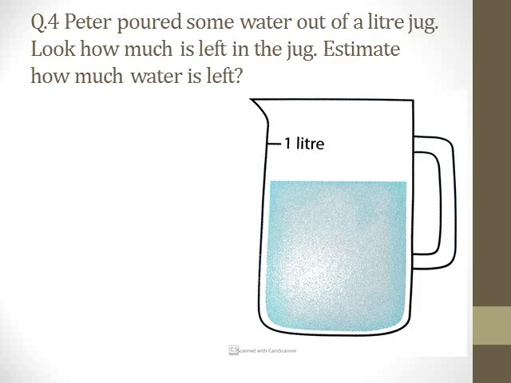So I can estimate that this is the 200 milliliter of water which Peter took out. So approximately 800 milliliter water will be left in the jug, because if Peter took out 200 milliliter of water, I will minus 200 from the 1 liter, which is 1000 ml. I will show the working on the next slide, and 800 milliliter water will be left in the jug.